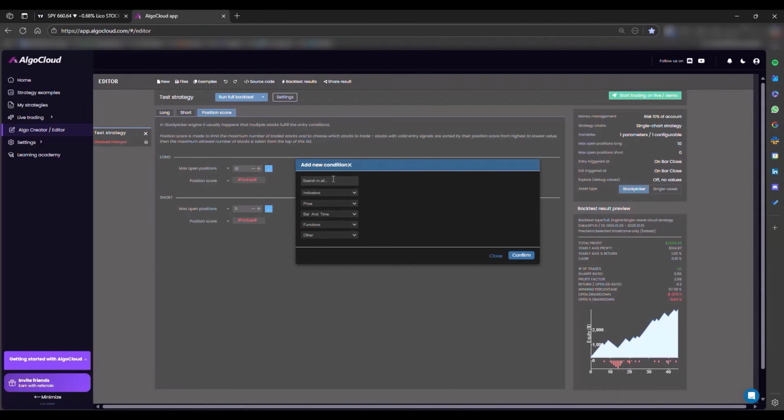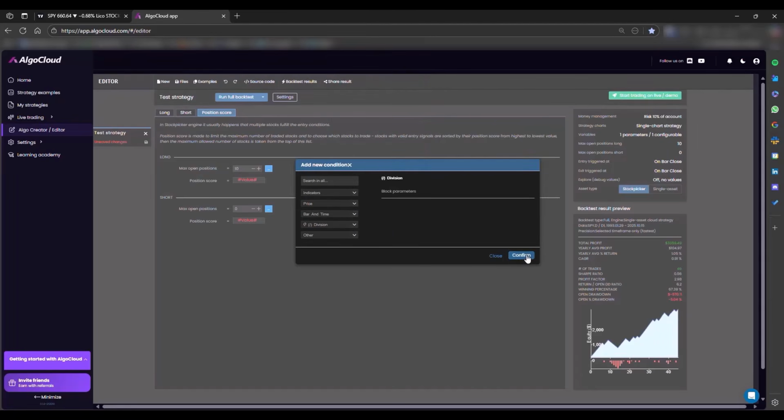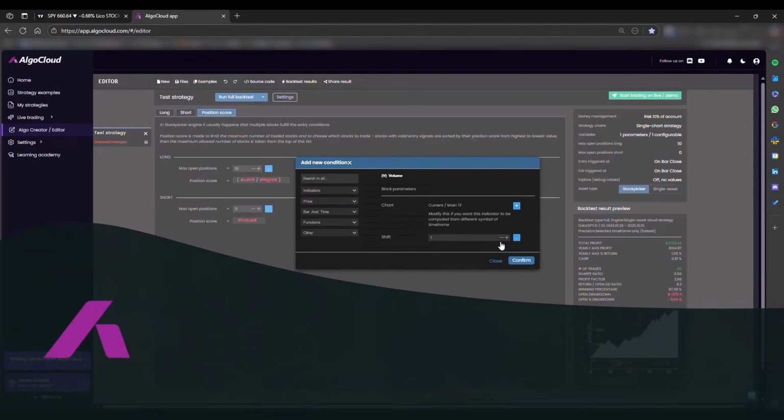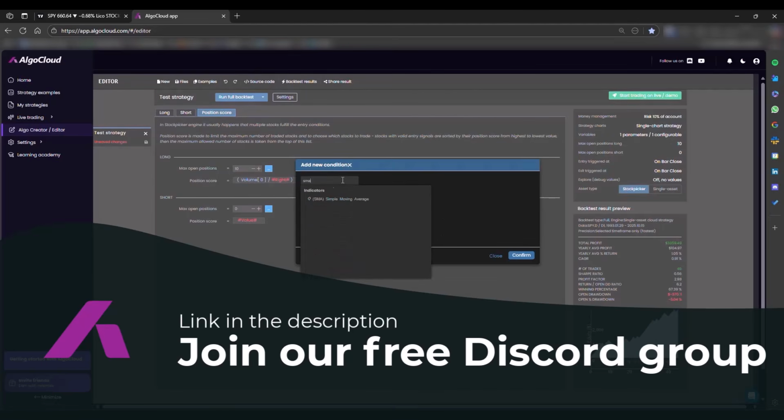Next, we add a position score according to which we will rank the stocks. We want the strategy to trade stocks with higher trading volume. Therefore, we set a formula that takes the current volume and divides it by the average volume over the last 20 days.